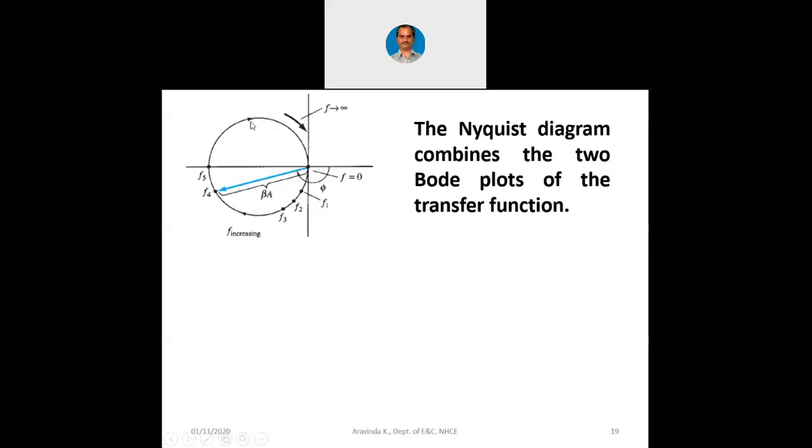And at one point of time, phase shift will become 0. The phase shift was 0 initially when frequency was 0, because for DC values, there is no phase shift at all. But when we applied the input signal f1 till f5, phase shift kept on increasing and it went on going up to 180 degree. You can see this line here, no? This way it went on up to 180 degree.